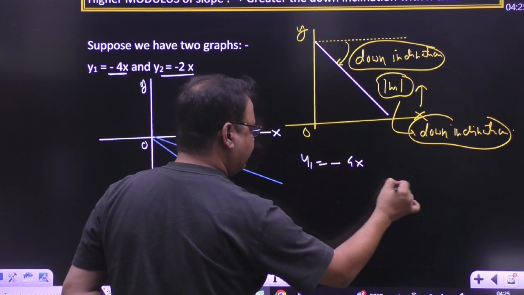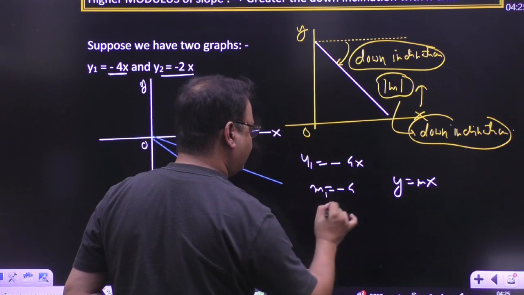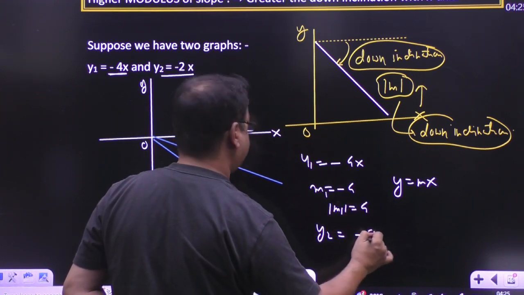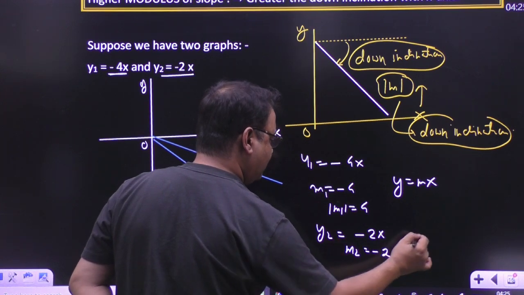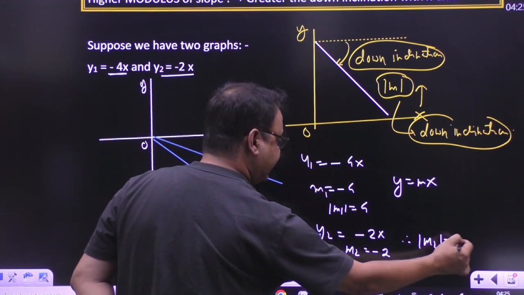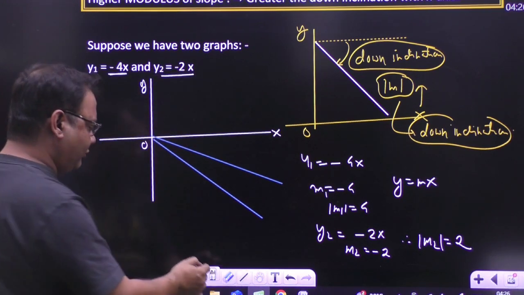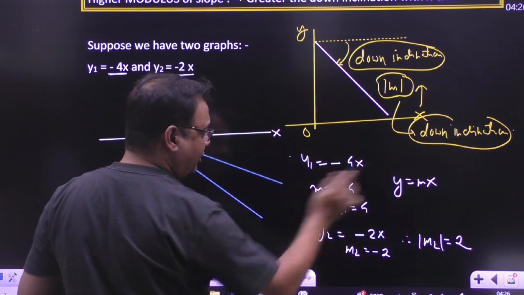So if you compare it with y is equal to mx, the value of m1 is minus 4, so modulus of m1 is 4, and graph 2 is minus 2x. So here the value of m2 is minus 2. So we have to see the modulus in the negative graph. This is 2. So what do you think? Which graph will be more inclined downward? Of course, the one which has the higher modulus of m.